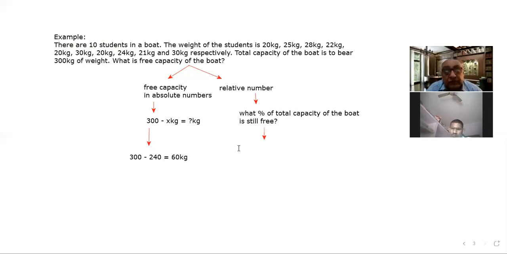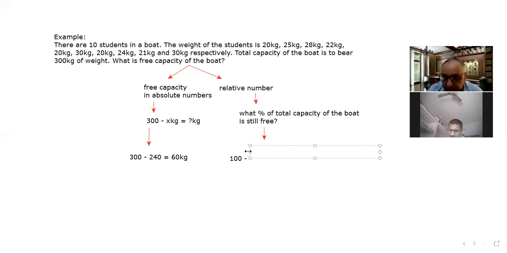And second is if it is in the relative numbers. In this case, relative number, let us suppose the total capacity of the boat is equal to 100, minus, in terms of 100, what is the percentage capacity of the boat that has been utilized?